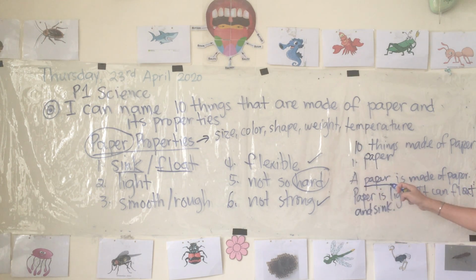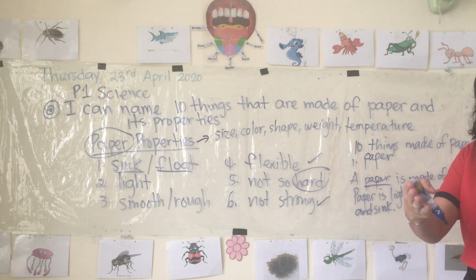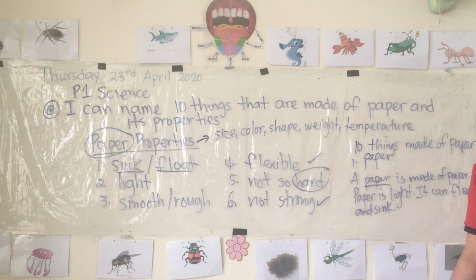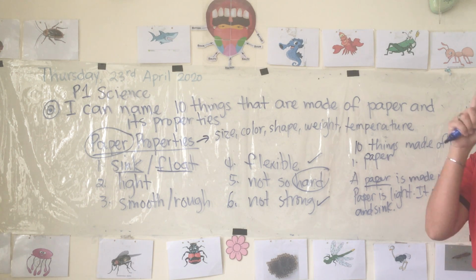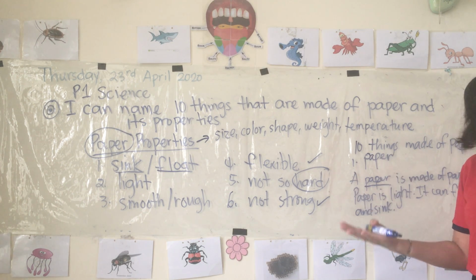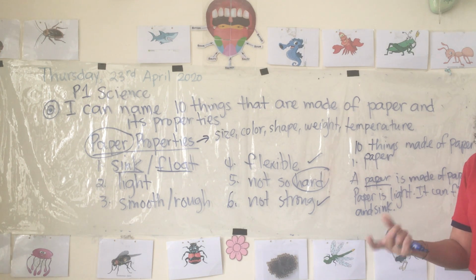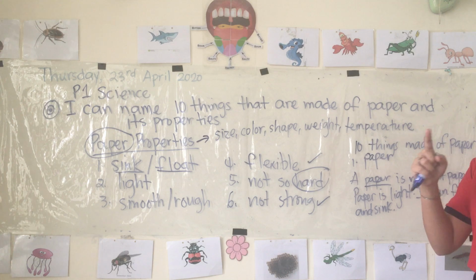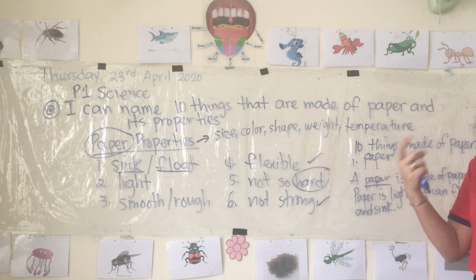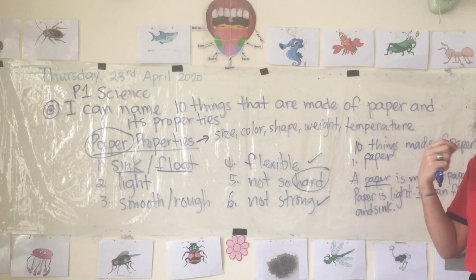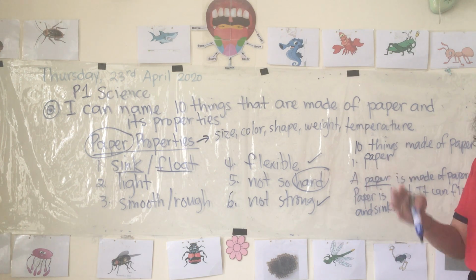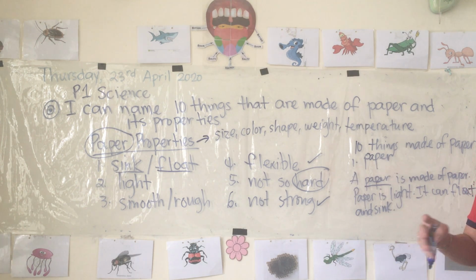And then after that, for number 2, you can just change paper into another one, a receipt. Remember a receipt? A receipt is a type of paper that when you go to a store, after you pay the cashier, they will give you the receipt. It will tell you what are the things you bought, how much it is, the prices of each item, how many you bought for a certain item, like that.